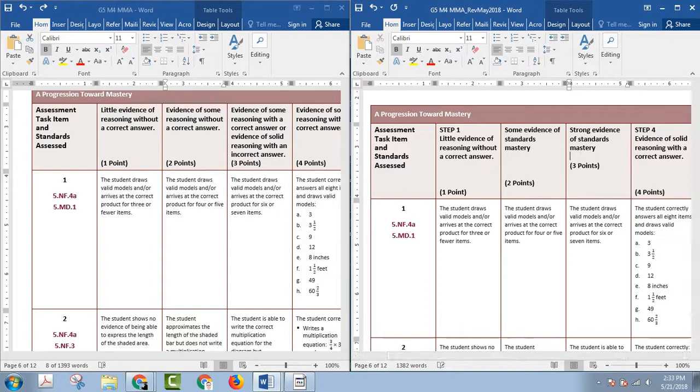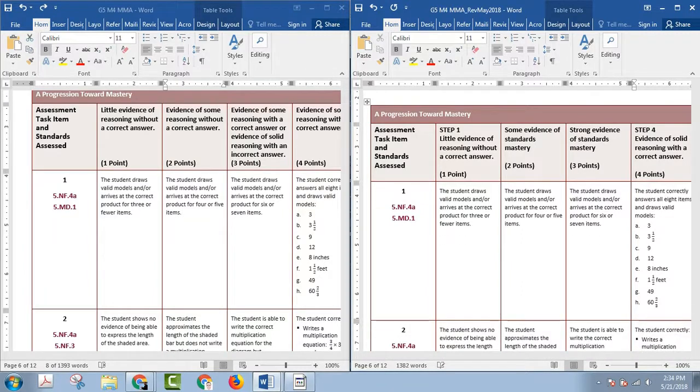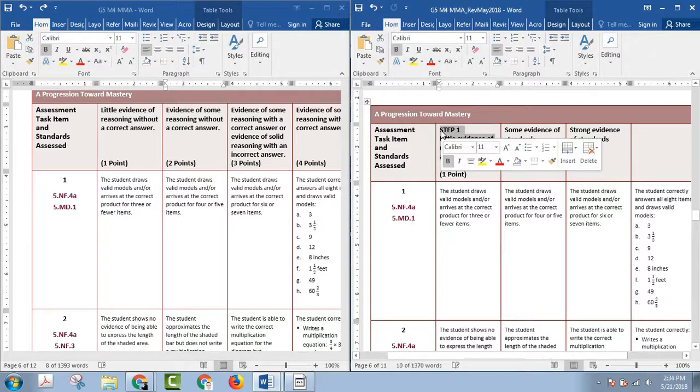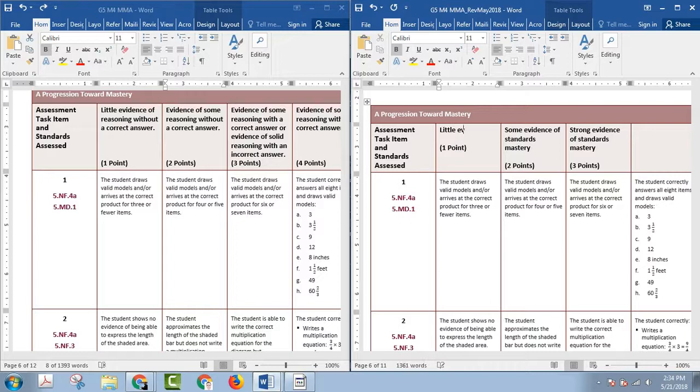I'm going to state 3 points, although we're going to get rid of all this extra space. Don't need it. And then the 4 is going to go away completely, so I'm just going to delete that.